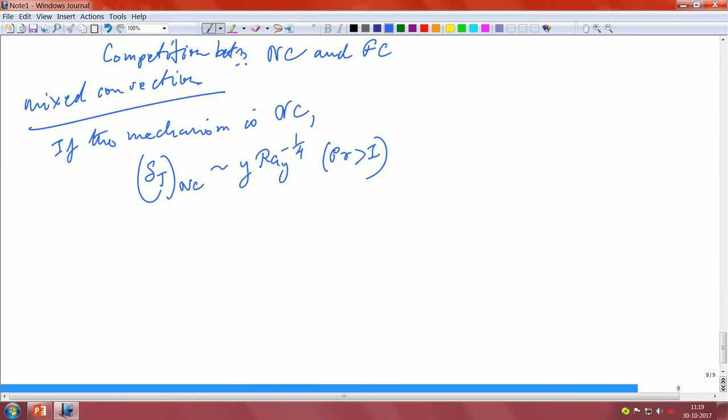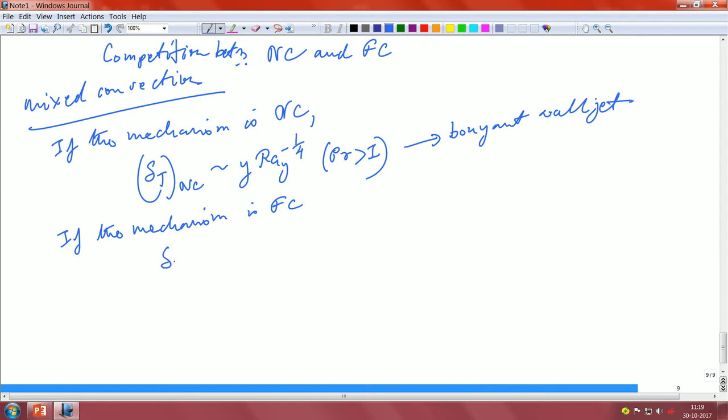Okay. Similarly, on the other hand, if the mechanism is forced convection, this corresponds to a buoyant wall jet, right. But if the mechanism is forced convection, that means there is a driver of a different sort.